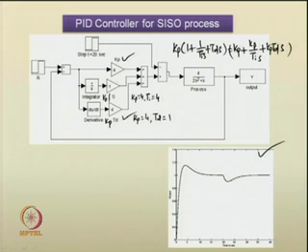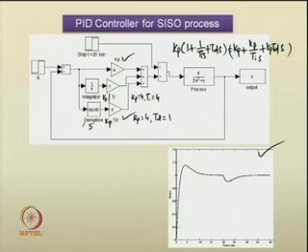Therefore, we have written this Kp value, Kp by Ti divided by S, and the Kp Td derivative term giving us S. So, this PID controller is now giving us a satisfactory response with certain overshoot, response time and so on.